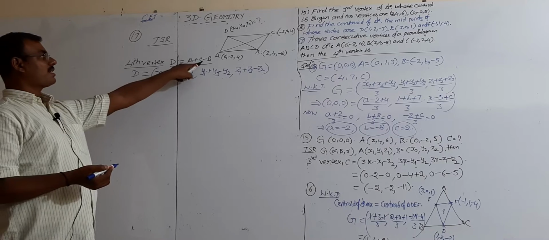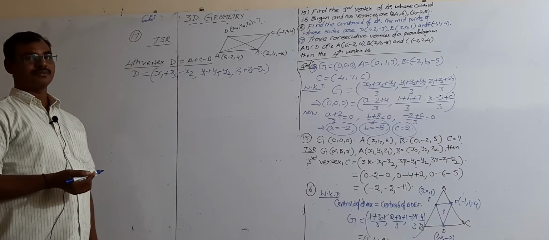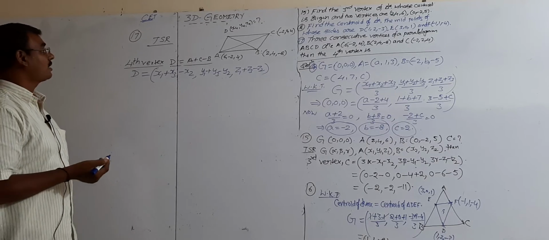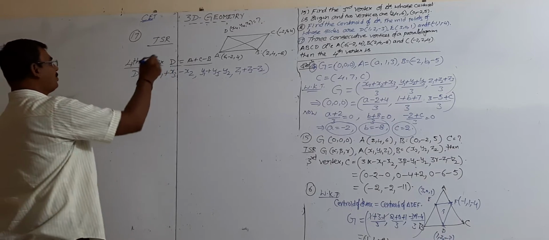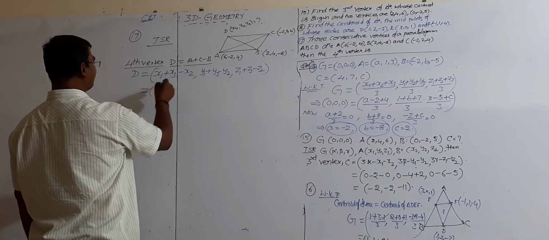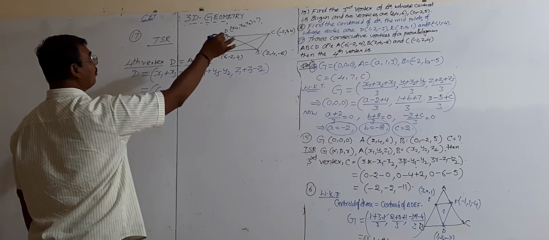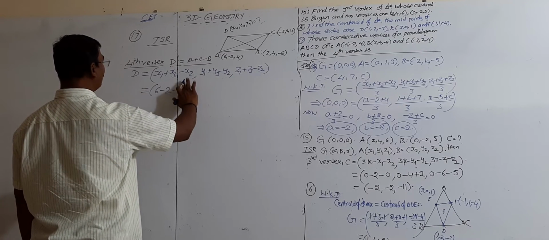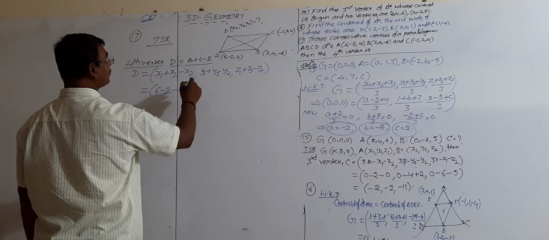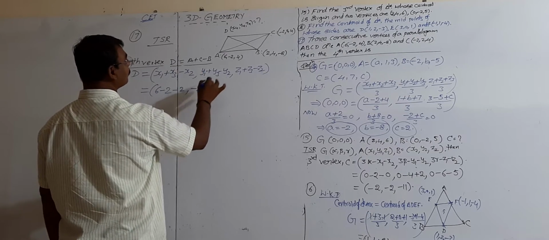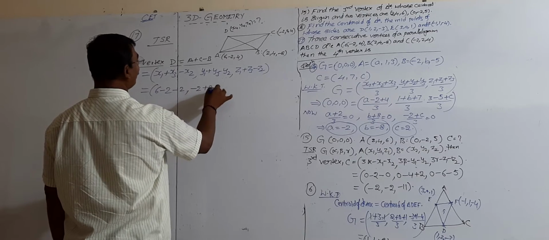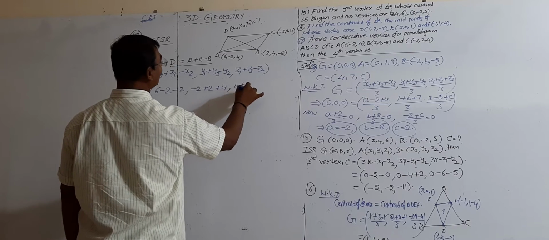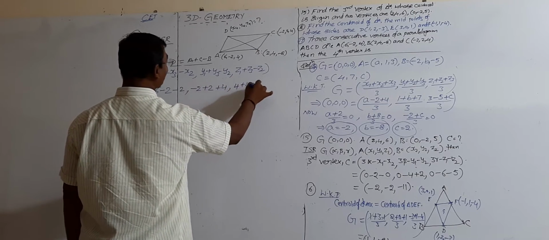D is equal to A plus C minus B. If three vertices are given, to find the fourth vertex of a parallelogram, substitute the values. x: 6 plus (-2) minus 2. y: -2 plus 2 plus 4. z: 4 plus 4 minus (-8), which means plus 8.